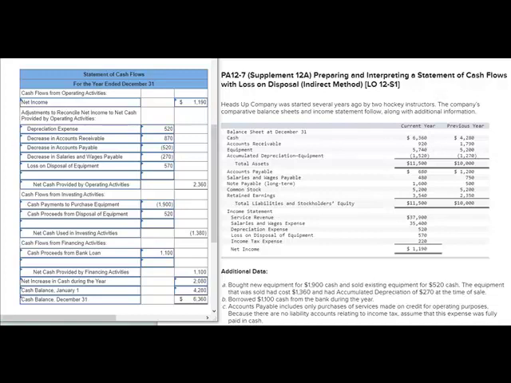And so I've written that description here, decrease in accounts receivable, $870. And because with the current assets we do the opposite, I'm going to add the amount of the decrease. Now that's the only non-cash current asset because equipment is a long-lived asset.